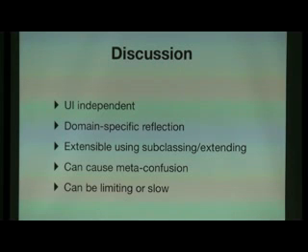Omni browser, for example, uses method extensions to extend the meta model in a similar way as we saw before. But it can cause meta confusion, so people can be overwhelmed or not understand how the model works. It sometimes requires that you spend some time on the meta model to really understand how you can change and modify it.